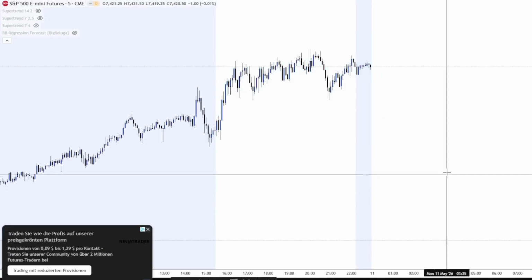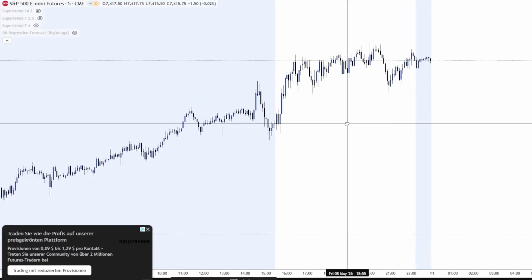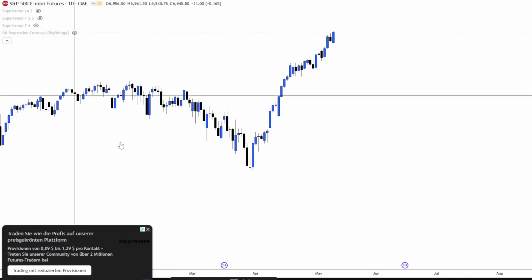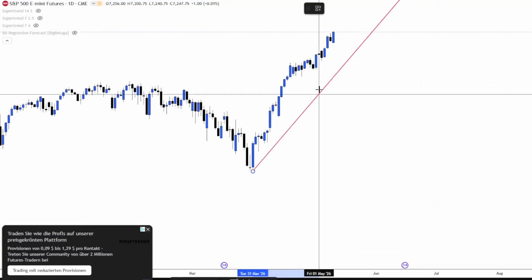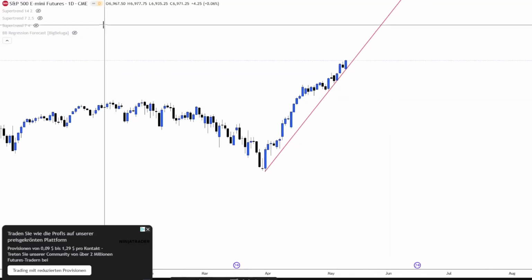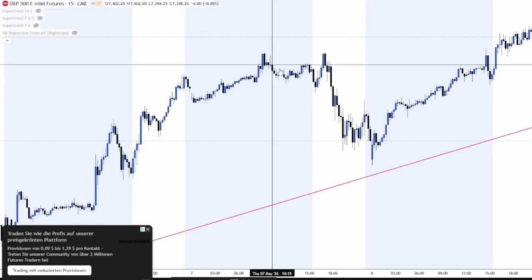So this is not where I trade. Or the trend lines: you start on daily, here is the trend line, then you try to look for sells, buys, and so on and so on.